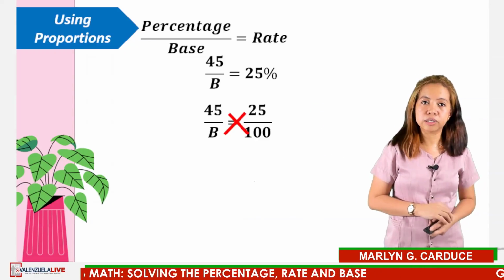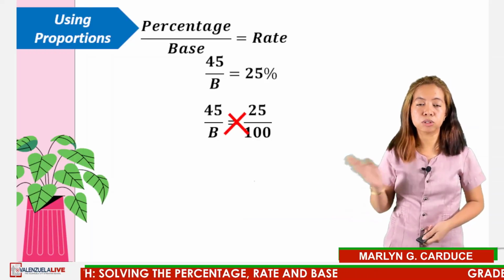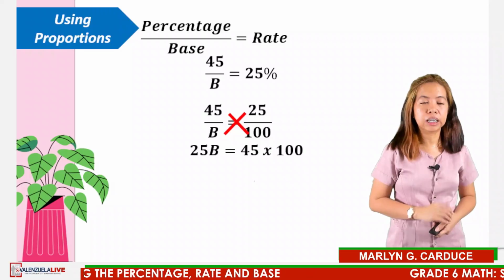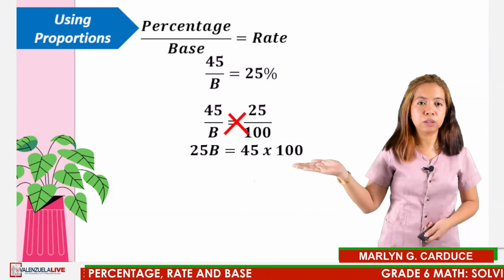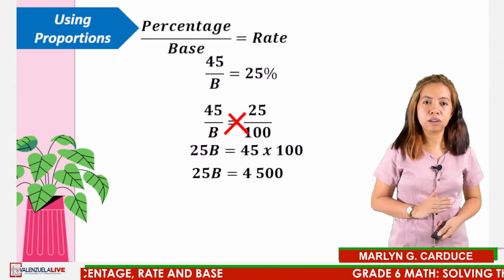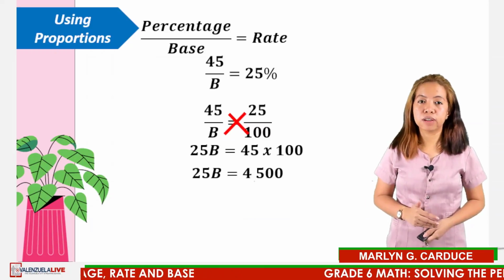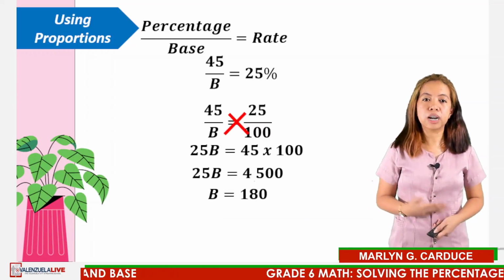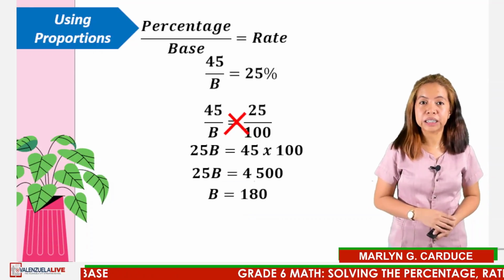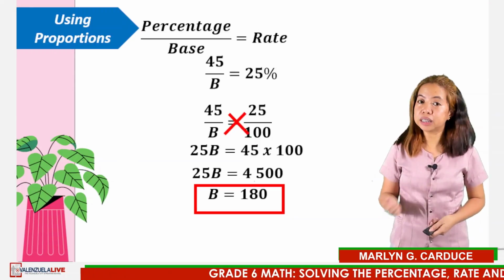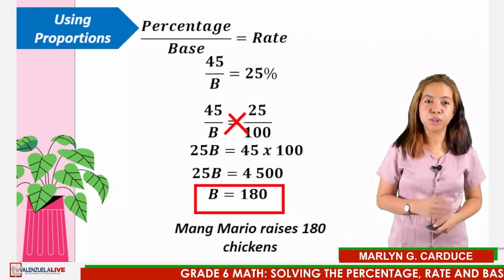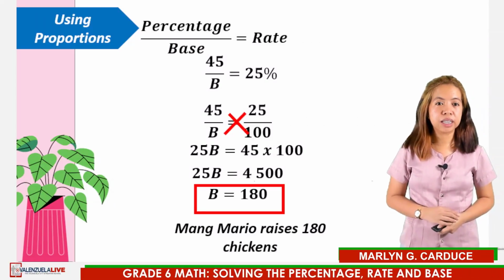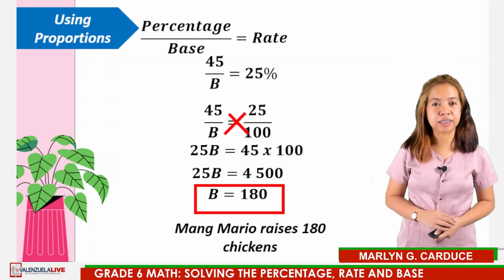And then get the cross product. So base times 25 is equal to 45 times 100. Then multiply 45 and 100, and we have 4,500. And then divide both sides by 25. So our base is equal to 180. And we get the same answer. So therefore, Mang Mario raises 180 chickens.